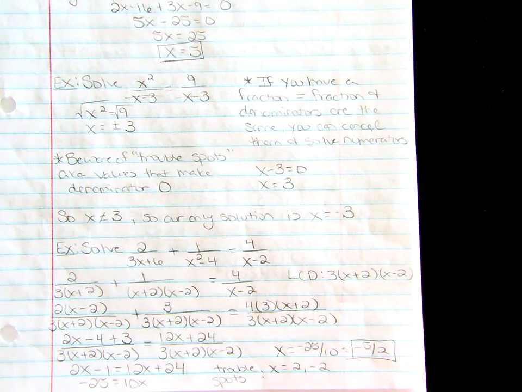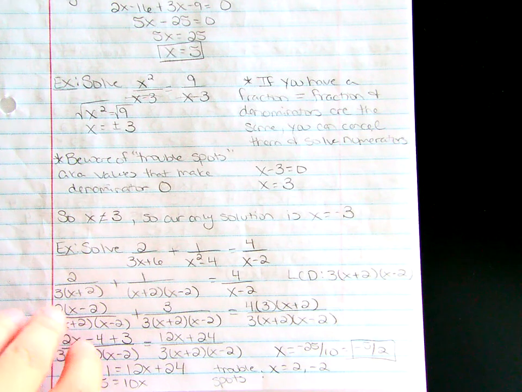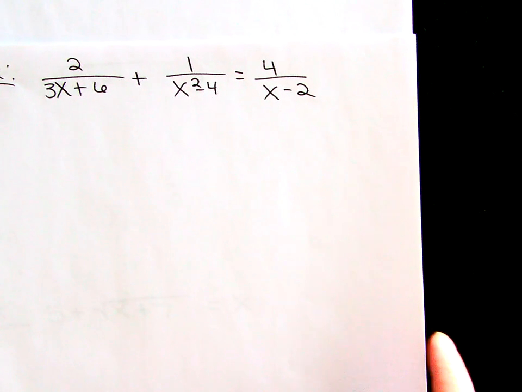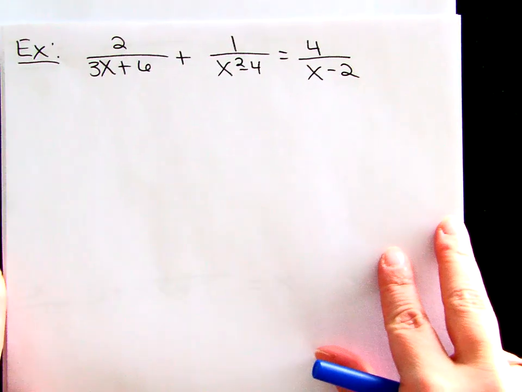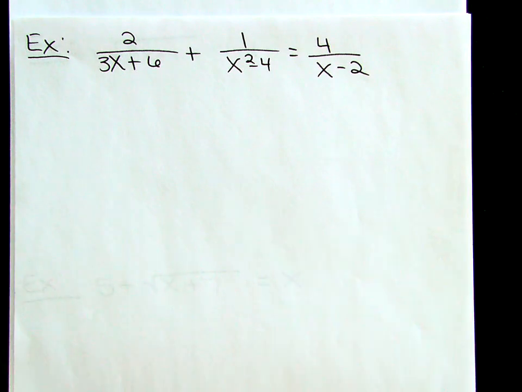All right, let's look at the next one. The next one's a bigger problem. We have 2 over 3x plus 6 plus 1 over x squared minus 4 equals 4 over x minus 2.